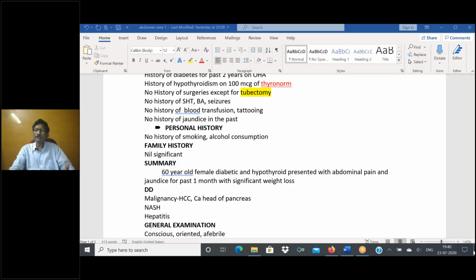Because it's just 1 month of jaundice. Okay, now you have revised it as chronic infective hepatitis, NASH, and autoimmune. Again, does it fit into a criteria for chronicity?